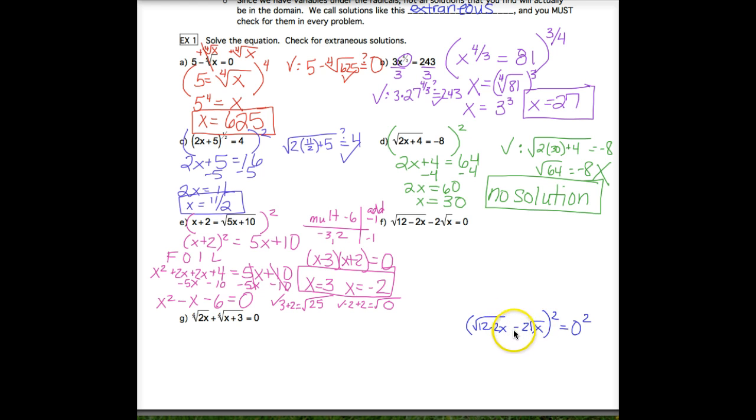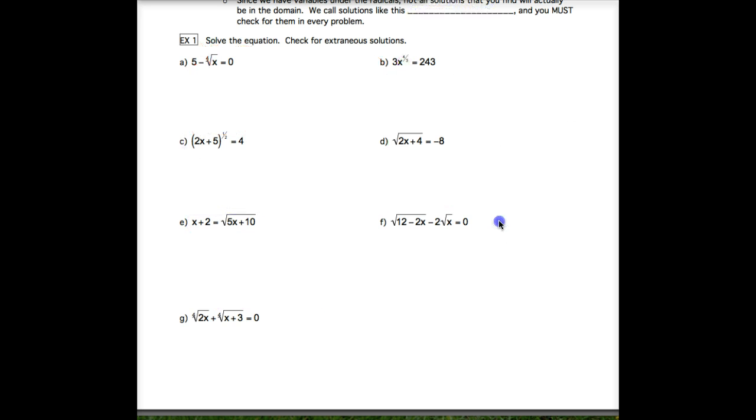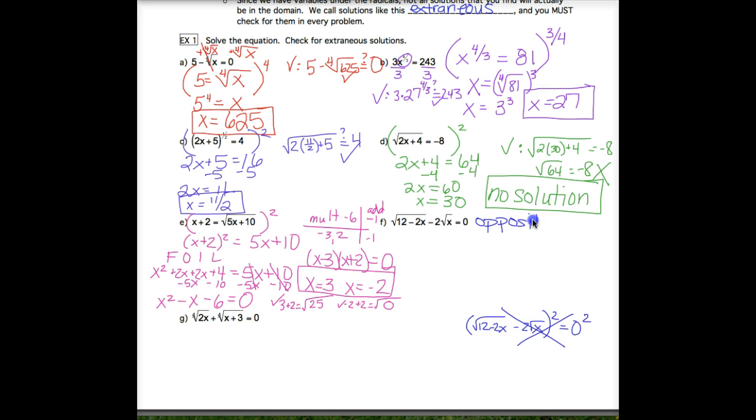You would have to FOIL that, and the inner and outer terms would still have radicals. So that is why we have to get them on opposite sides to solve them. So I'm going to write that here. So hopefully when you're going back to look at your notes, you remember whenever there's two, you've got to get them on opposite sides.